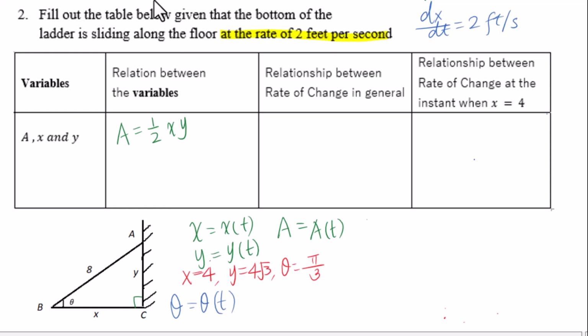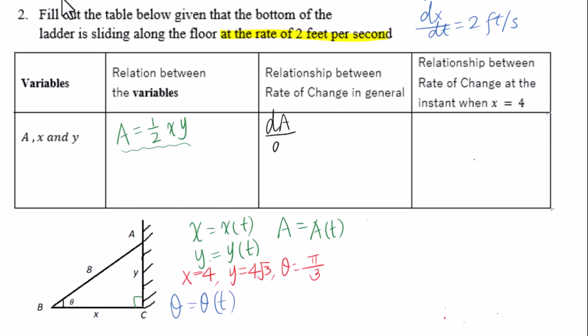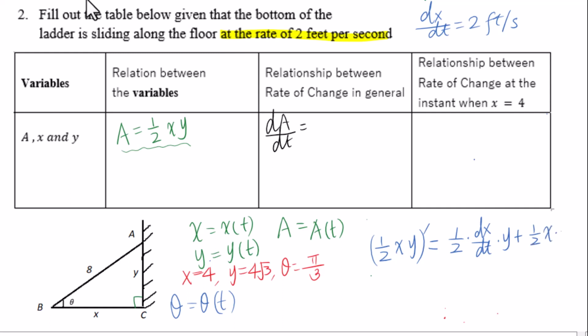So we will take a derivative with respect to t for this equation. dA by dt equals, for this 1/2 xy, we need to do the product rule. 1/2 times dx by dt times y plus 1/2 x times dy by dt.